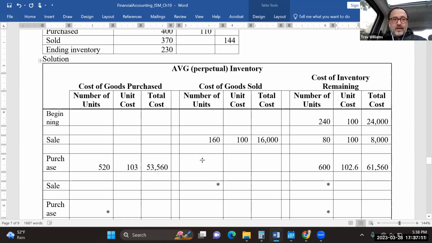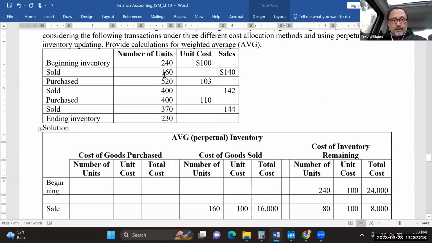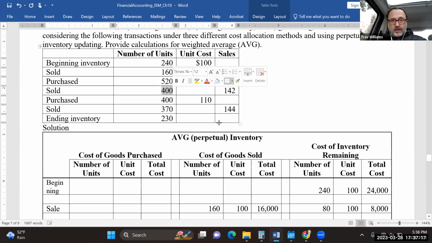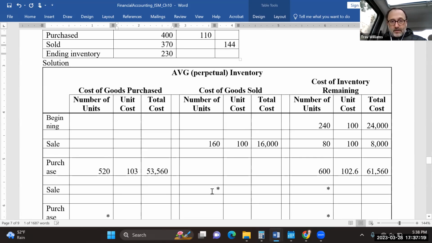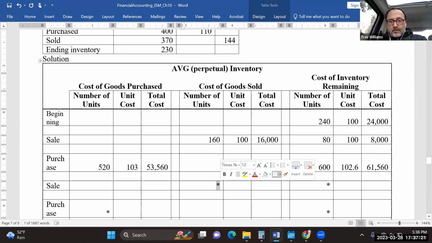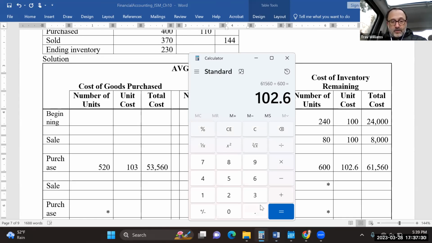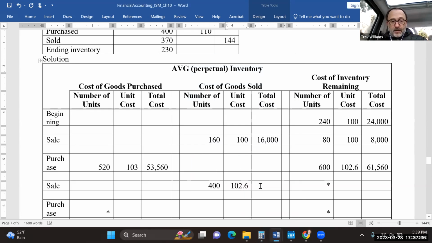Then we have another sale. This time we sell 400 units. And remember, the average cost does not change until we make another purchase. 400 times 102.6. Sounds like a radio station, right? So 41,040.